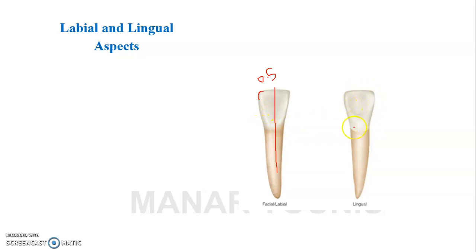Regarding lingual anatomy, also it's shallow and smooth, but the cingulum is located slightly distal to the long axis, and the root is usually longer by 1.5 millimeter than that of the central incisor. Also, the distal contact area is also located in the cervical third, but it's more cervically located to contact properly with the canine.